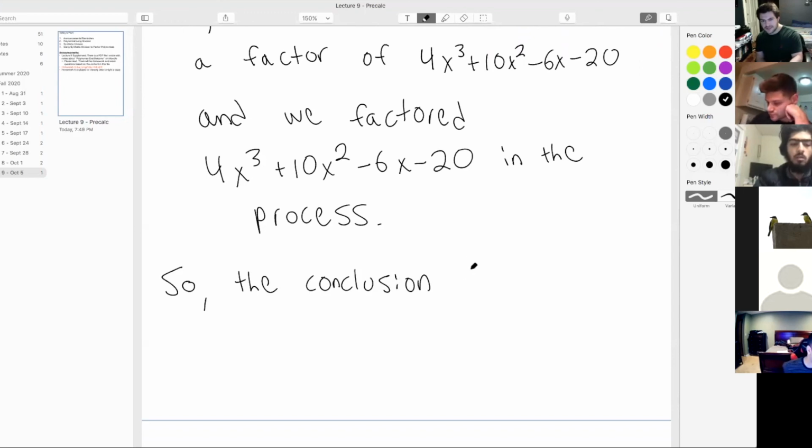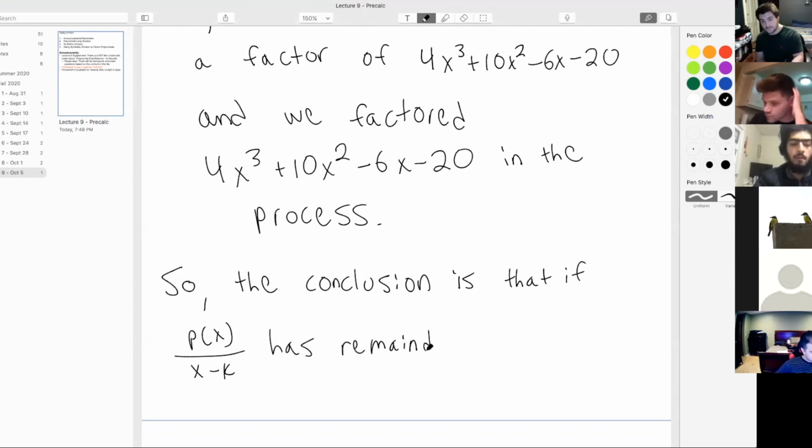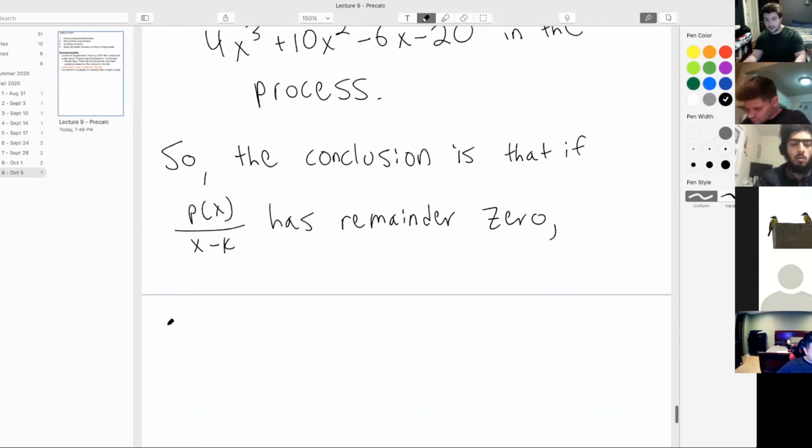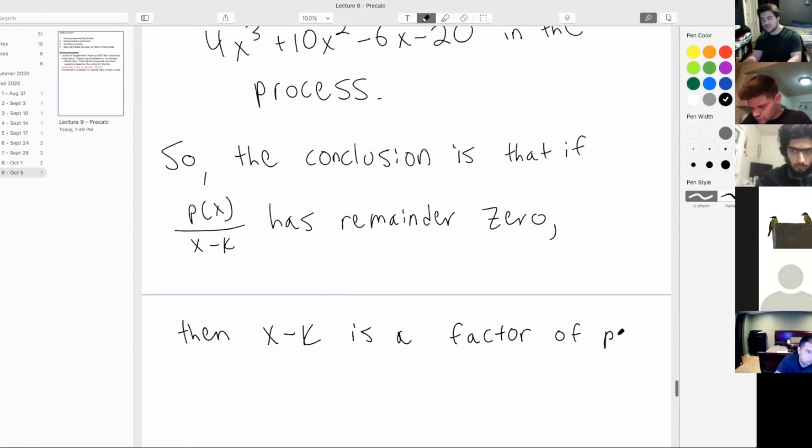So the conclusion is that in general, if p of x over x minus k has remainder 0 after performing synthetic division, then this denominator, x minus k, is a factor of the numerator p of x.